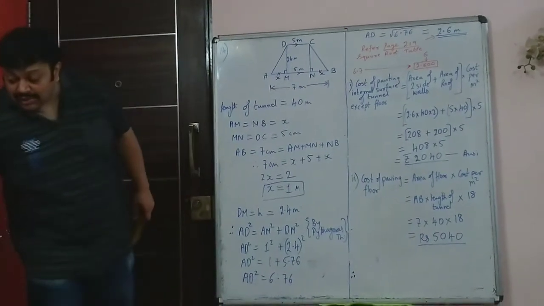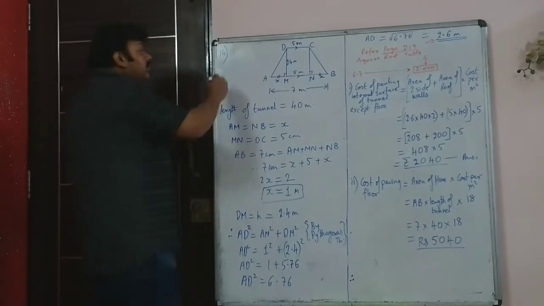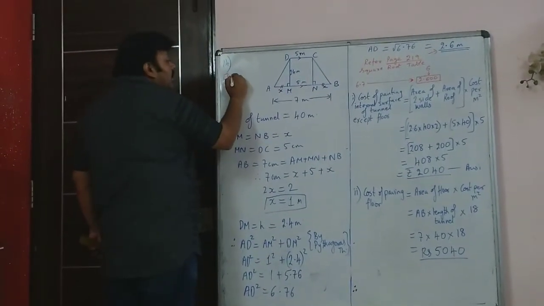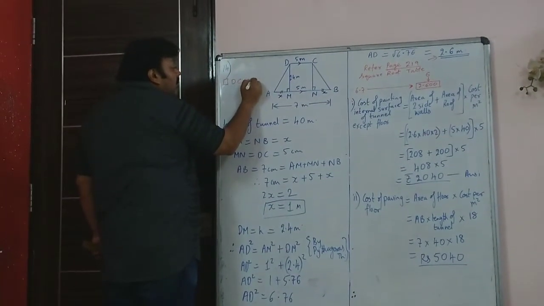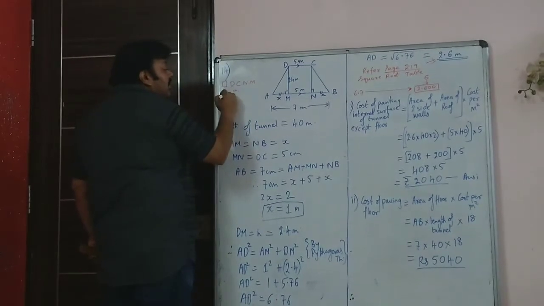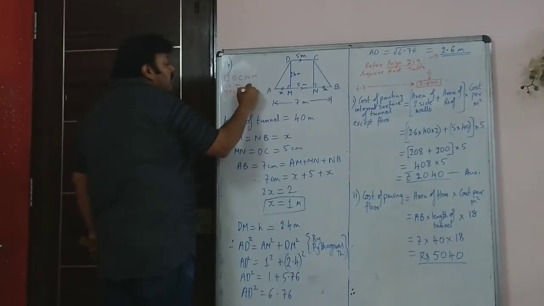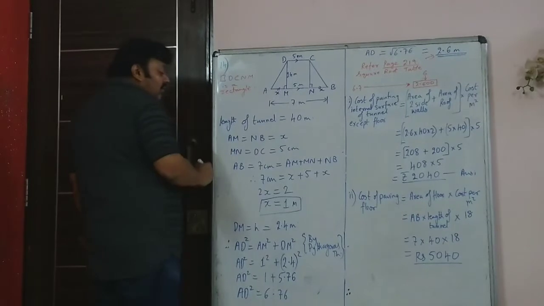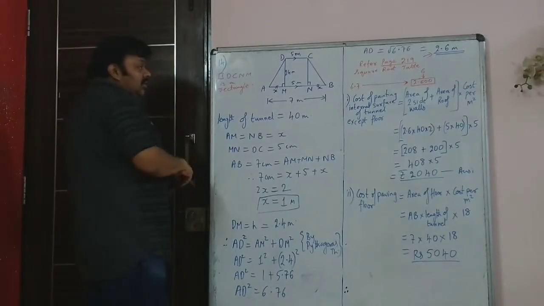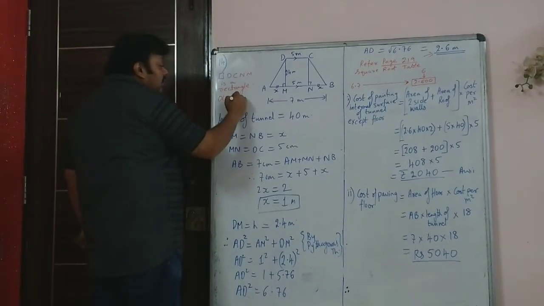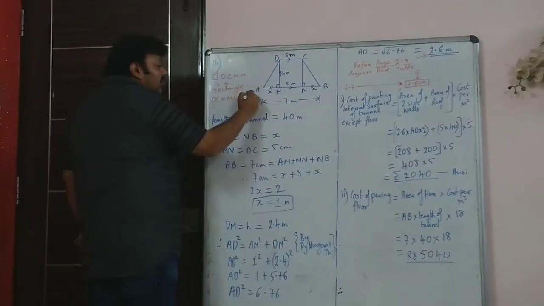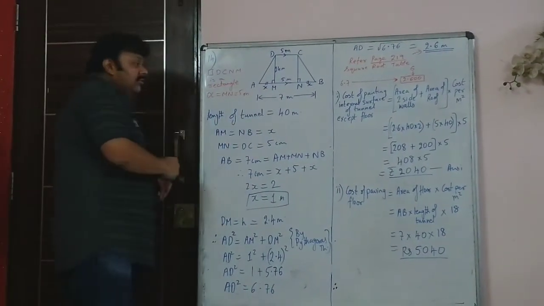So you can say that quadrilateral DCNM is a rectangle, and therefore you have DC is equal to MN, and both of them will be 5 meter.